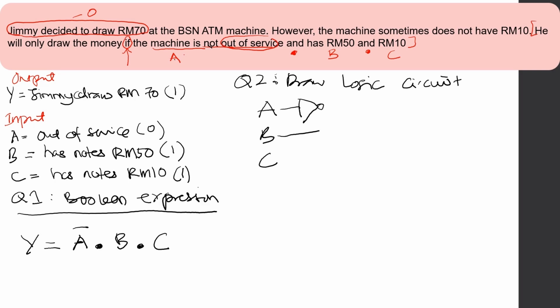So A not dot B, the dot is the AND gate.